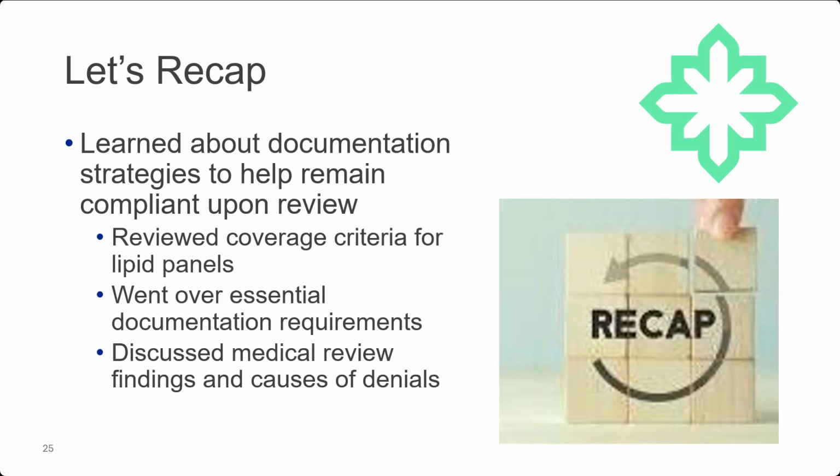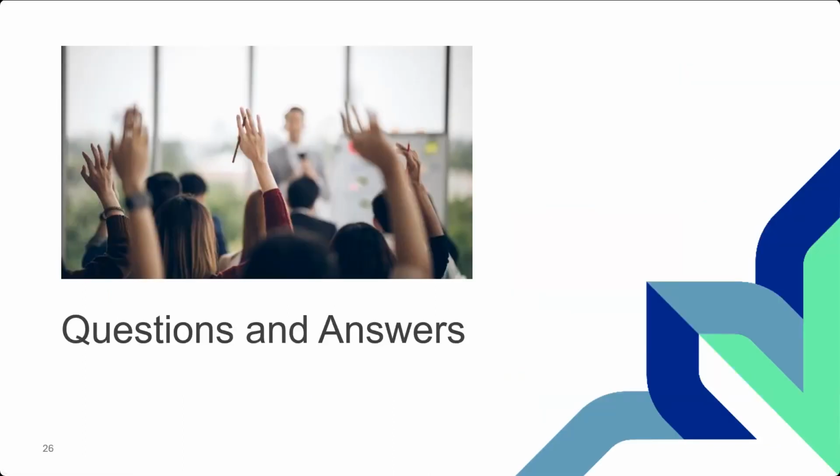We went through the coverage criteria for the lipid panels, and I took you to the NCD so you can see where to find these coverage criteria as well. We went over what kinds of documentation requirements are essential for this, and we then discussed some medical review findings and causes of denial and things that should help you avoid a denial yourself if you happen to ever be reviewed. So let's see, I'm going to look over to the chat.